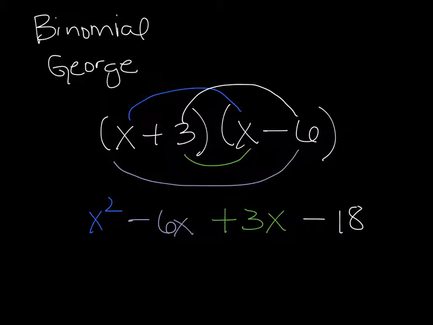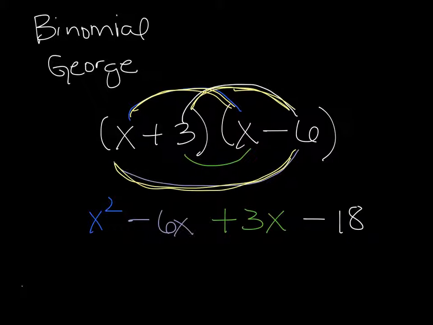Now, what am I talking about when I say Binomial George? Well, he told us if you do FOIL correctly, now you have to be creative here, but it makes a smiley face. And I'll show you what I'm talking about here. I'll use a different color. Okay, here's the Binomial George's forehead. Here's his chin. Here's his smile.